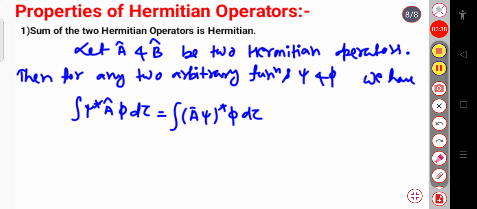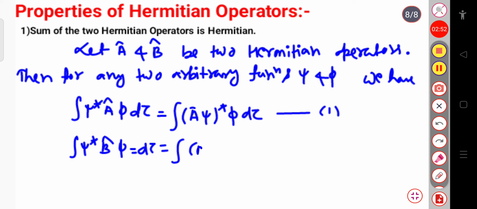This is equation number 1. Similarly for B cap, the integral of psi star B cap phi d tau will be equal to the integral of B cap psi whole star into phi d tau. This is equation number 2.